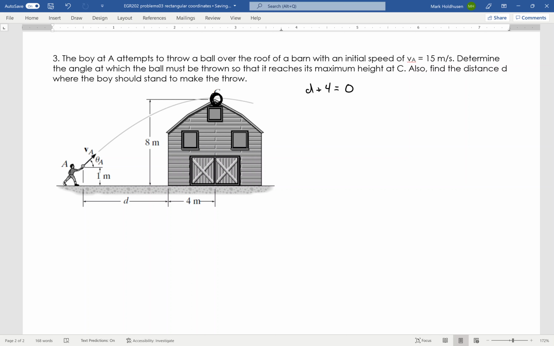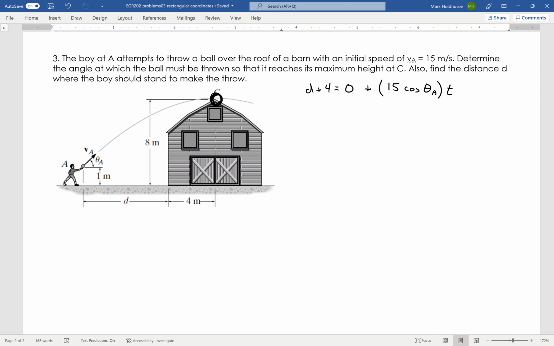It's launched in the horizontal direction at 15 meters per second, but that'll be cosine of that angle for the horizontal, and it'll travel over a time of t.